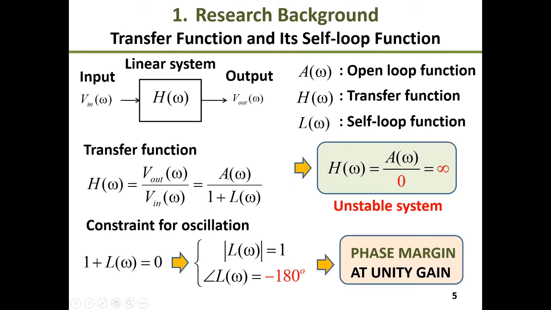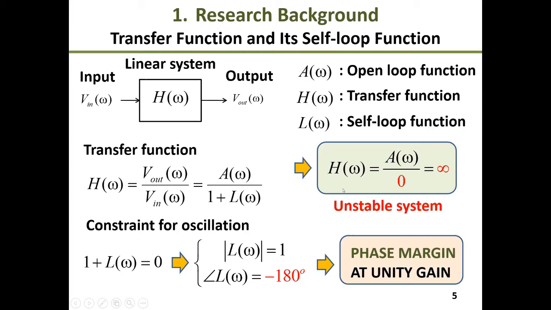In other words, we can express a general transfer function by A of omega over 1 plus L of omega. In this case, L of omega is the scalar function. When the denominator is equal to 0, it means that the system is unstable.